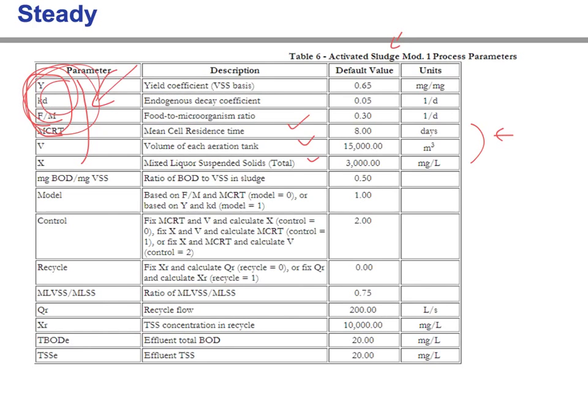That's what you have to determine, and later we'll see how. Another parameter to be careful with is the milligram VOD per milligram VSS, the ratio of VOD to VSS in sludge.